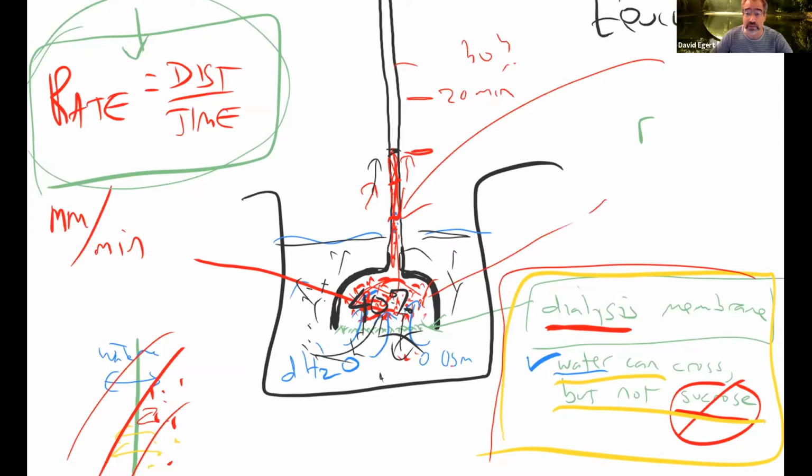There's got to be some osmosis going on. If sugar could cross the membrane, it would just cross and leave and equilibrate, and therefore there'd be no osmotic pressure. Does that make sense?